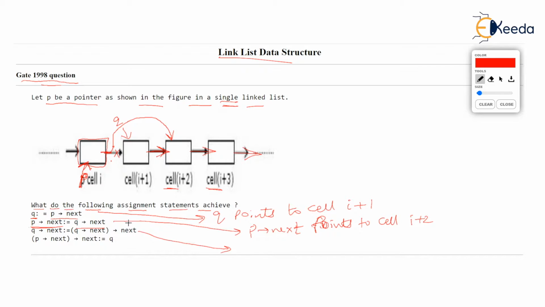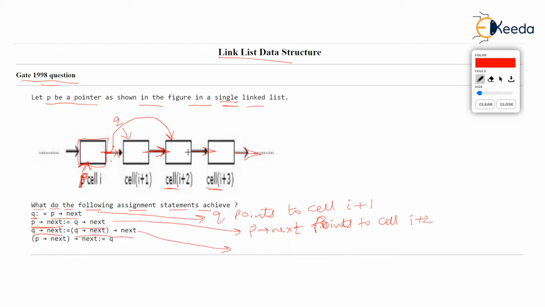All right, what's the next line then? Q arrow next is equal to Q arrow next arrow next. This is read as Q arrow next should point to the cell where Q arrow next arrow next points. Now find out the right hand side. Let's trace this. Follow the cursor. Q arrow next, this is the next we are talking about, arrow next, this is the next we are talking about.